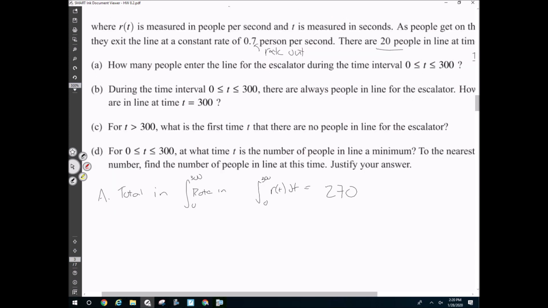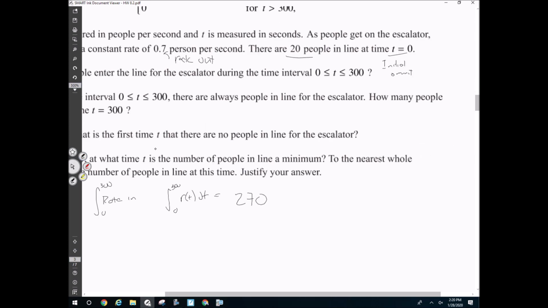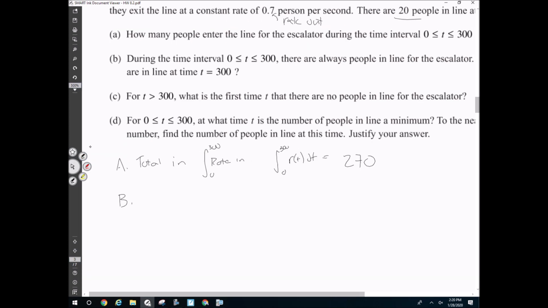During the time interval from 0 to 300, there are always people in line for the escalator. How many people are in line at t equals 300? Okay, the total at 300 will be our initial 20 plus our total in. We already found. I'll write it.